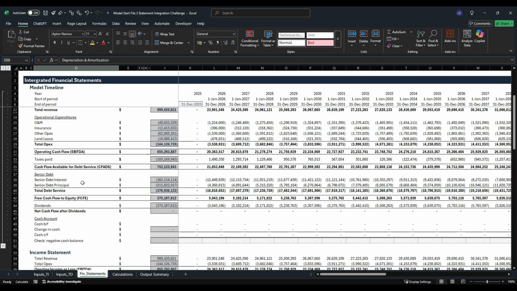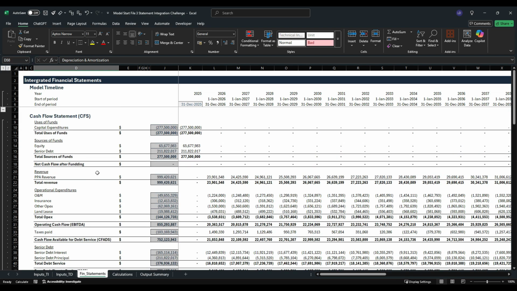And obviously depreciation and amortization is not cash relevant, because what we do in the economic reality is we pay our capital expenditures of 277 million before we even start operations. But governments say, okay, you would incur a massive loss in that given period without any revenue to set it off against.